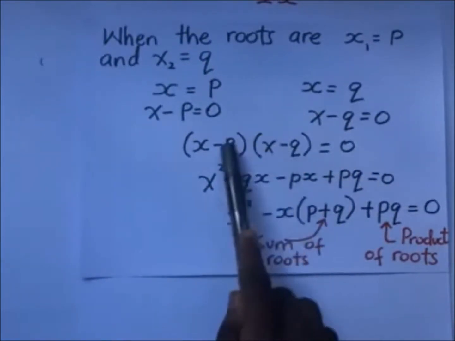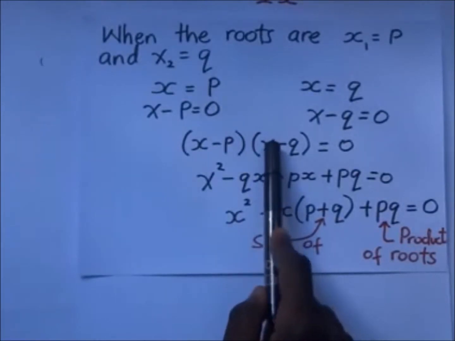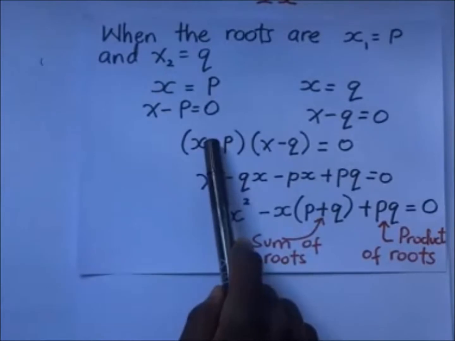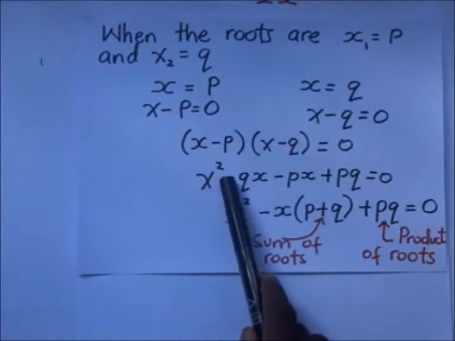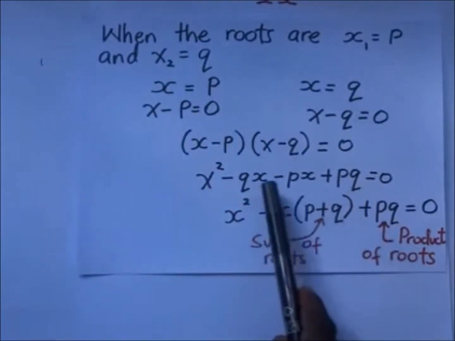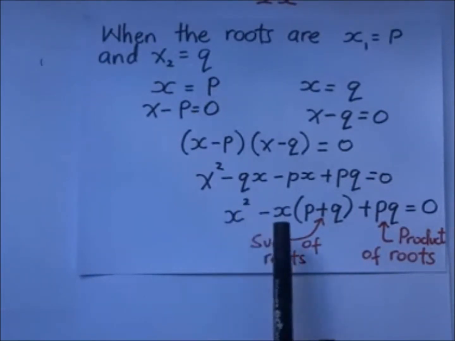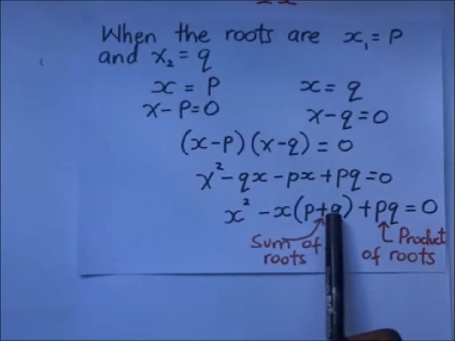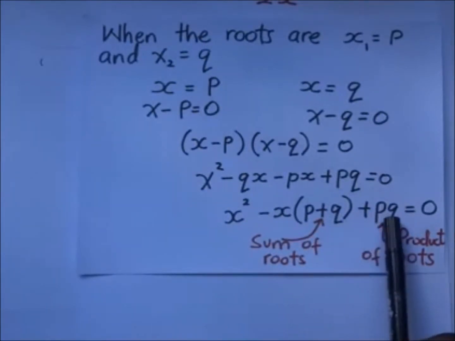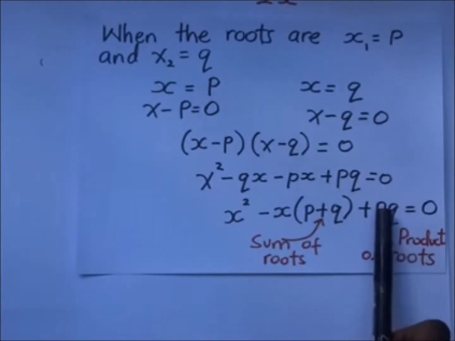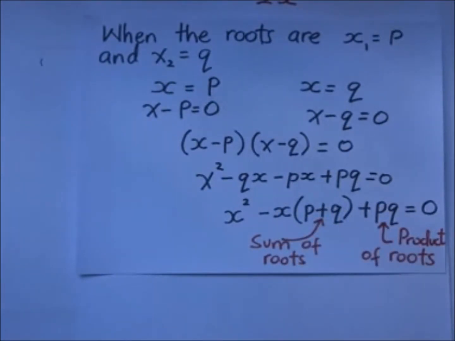You go ahead and open these brackets. When you open these brackets, you end up with this expression as a result of multiplying this bracket with that bracket. When you rearrange it, you realize that you get the general expression x squared minus x into p plus q plus pq, whereby here you're having the sum of the roots, and here you're having the product of the two roots that you have been given.